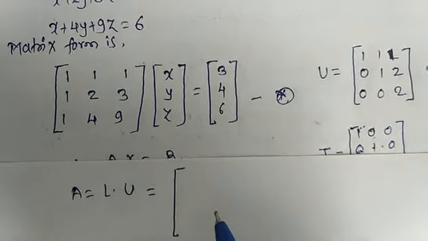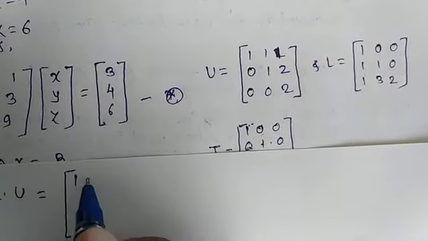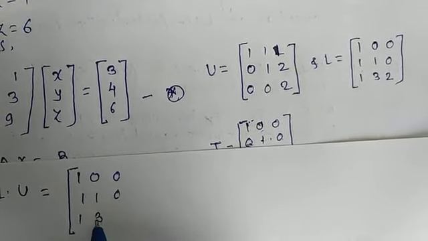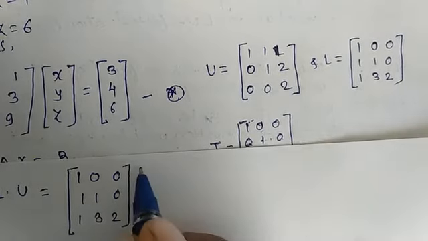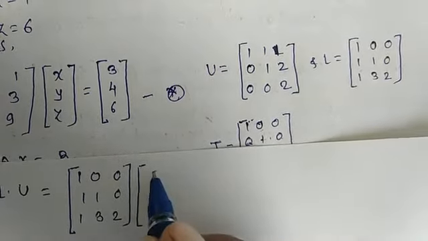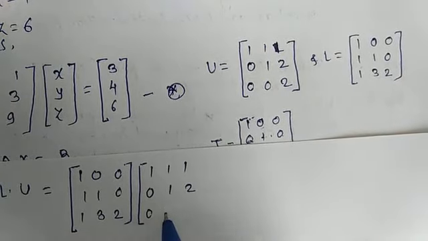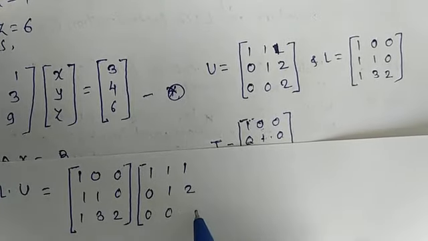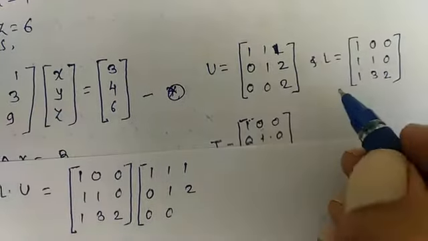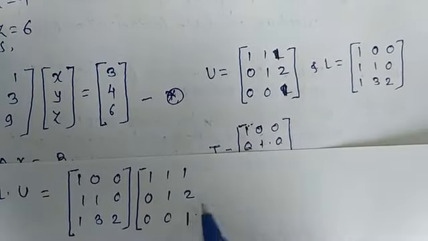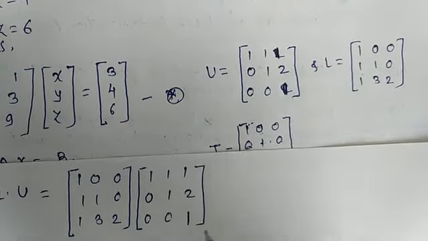L matrix is 1 0 0, 1 1 0, 1 3 2, and U is a matrix 1 1 1, 0 1 2, 0 0 2. Sorry, I think it is 1. Here it is 1, 0 0 1. Okay, which is our U.